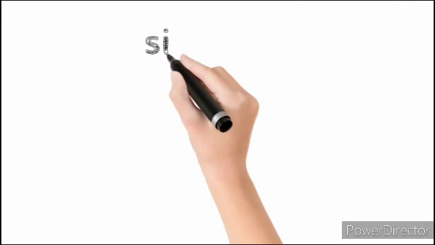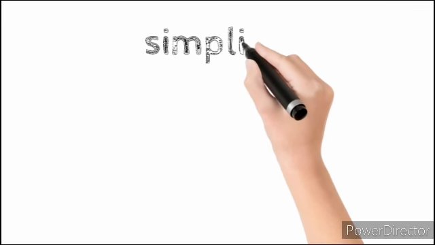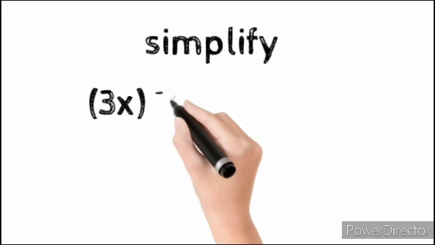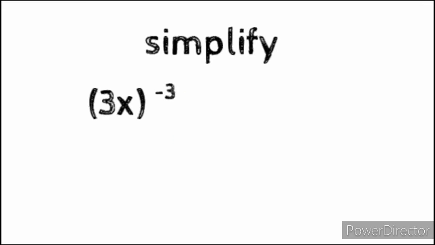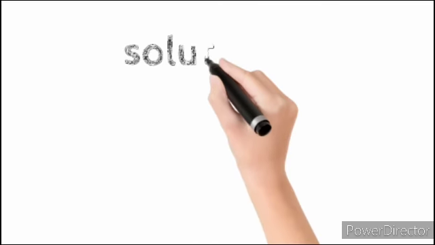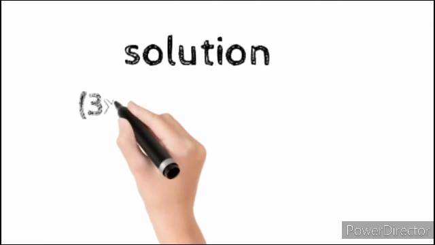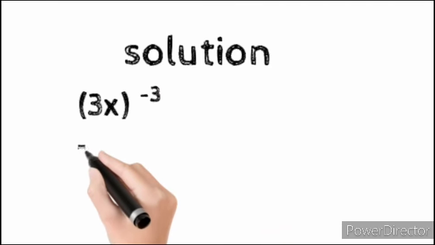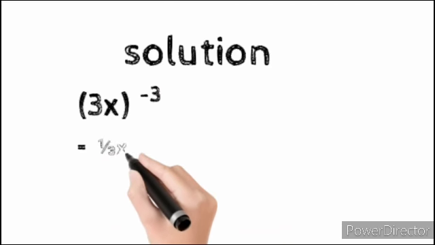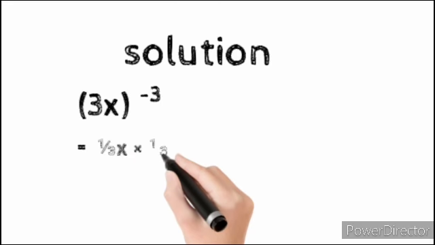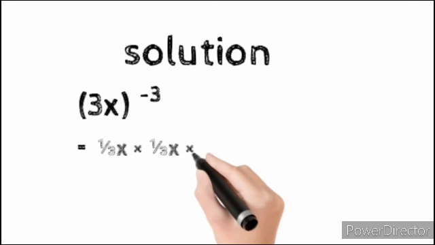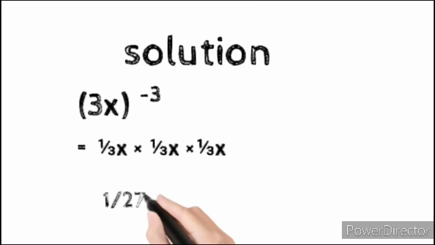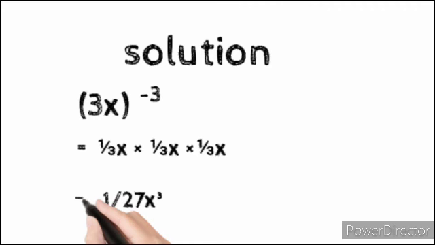Another question says, open bracket 3x, close bracket, raised to power minus 3. Now, this gives us 1 over 3x times 1 over 3x times 1 over 3x, which gives us a total answer of 1 over 27x raised to power 3.